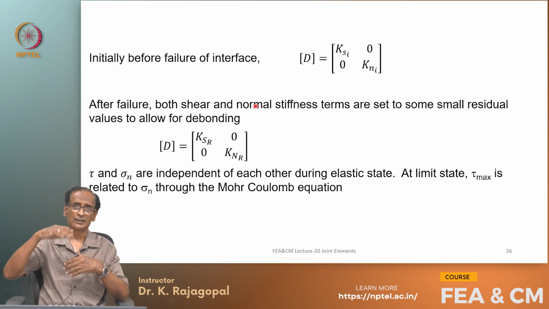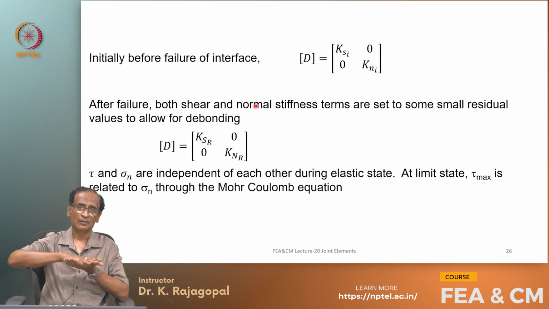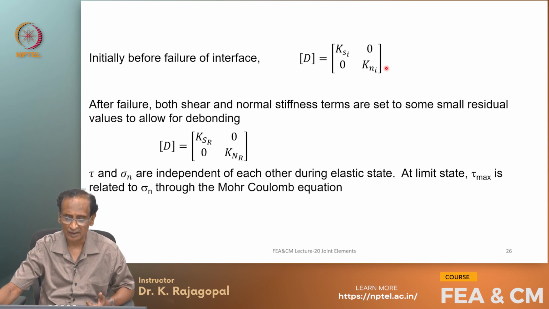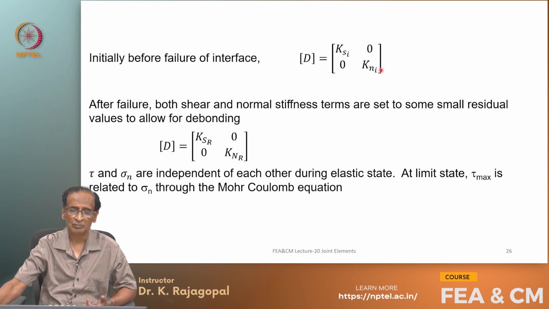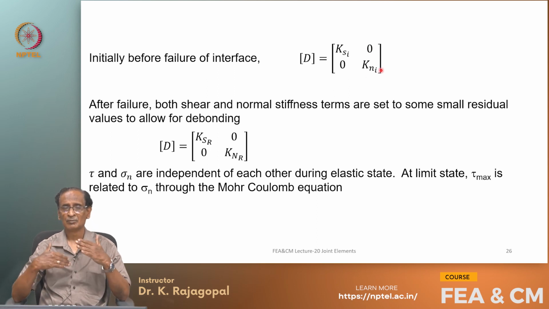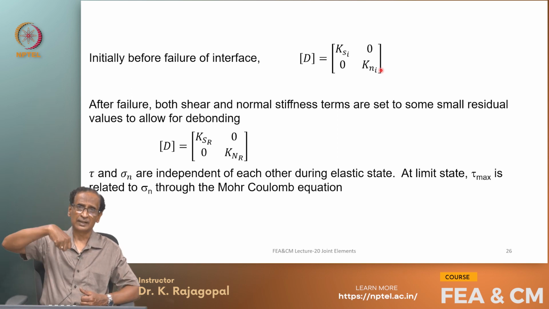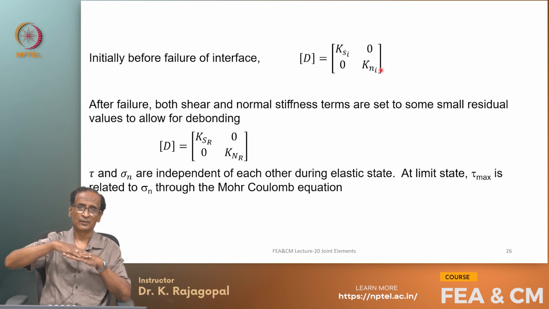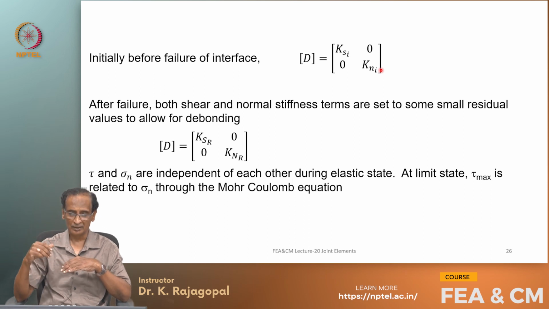As long as our interface is in compression, our two surfaces are going to be in contact. So, we can give a very large value for this Kn, and only when we see some tensile stress, for example when you are applying a tensile loading on the interface, we would like the two surfaces to separate without offering any resistance. In that case the Kn can be set to a small value.